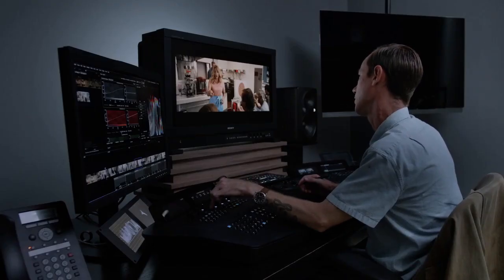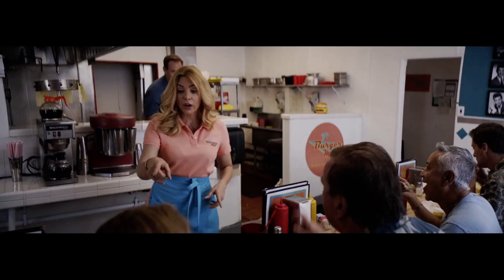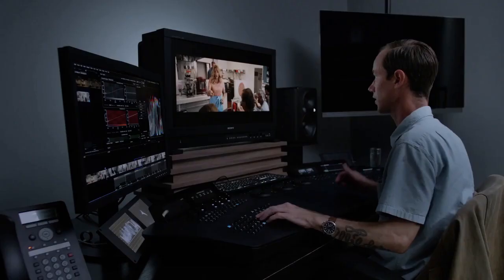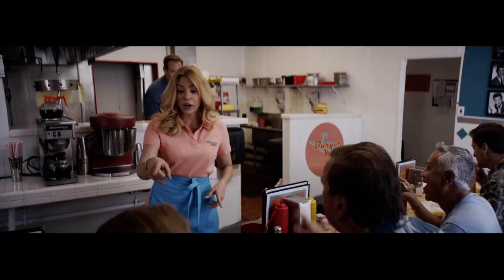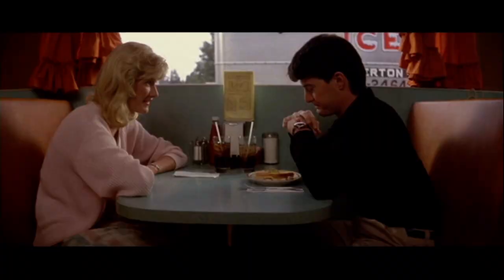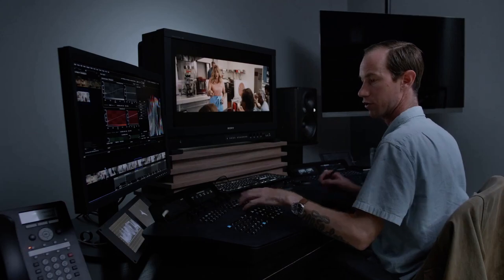And then playing with my floor or my black level. So let's check this again against our references and see where our contrast lies. That feels pretty good.